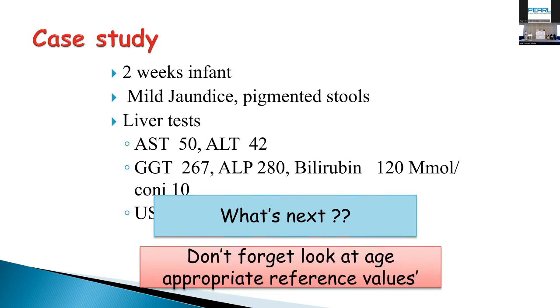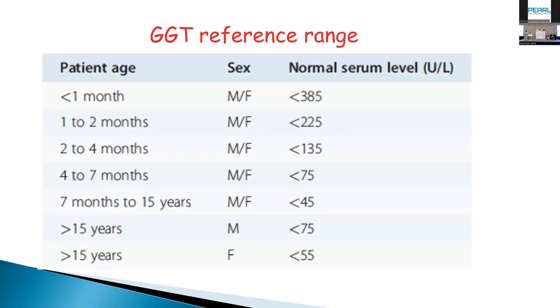Okay. We need to look at the nomogram. The gamma GT at birth is not 50. At birth, the gamma GT is around 400, and then it reaches the adult value by around 9 months of age. So when dealing with pediatrics, make sure you look at the reference range, because the reference range printed by the lab is not for children, it's for adults.